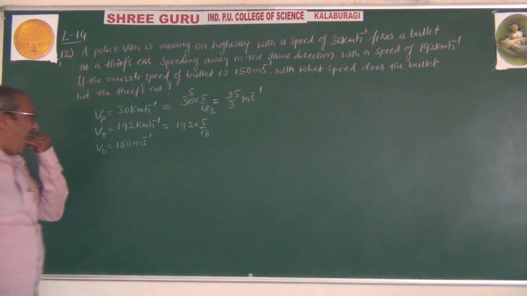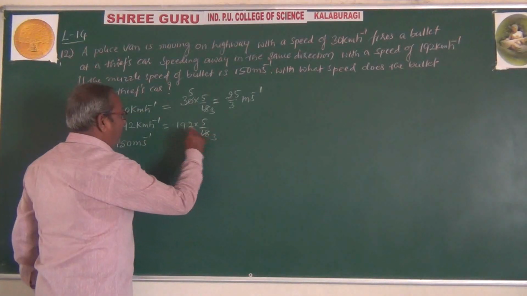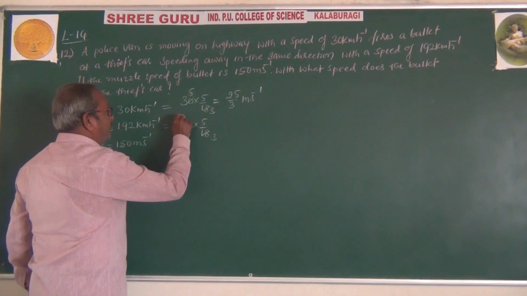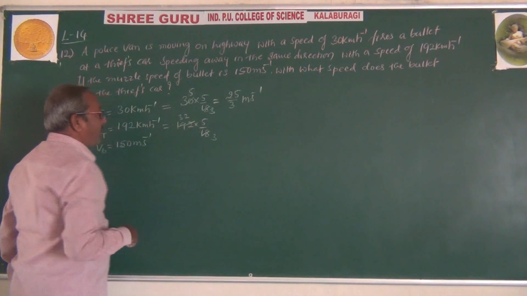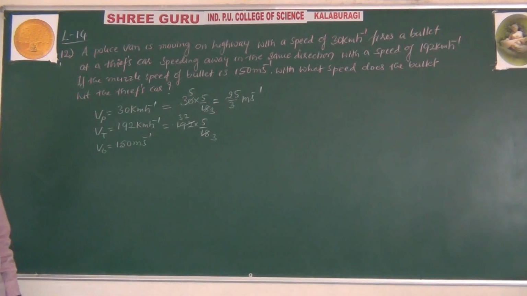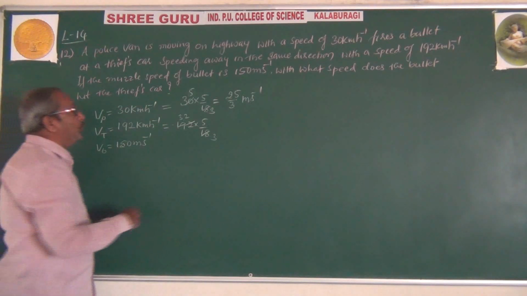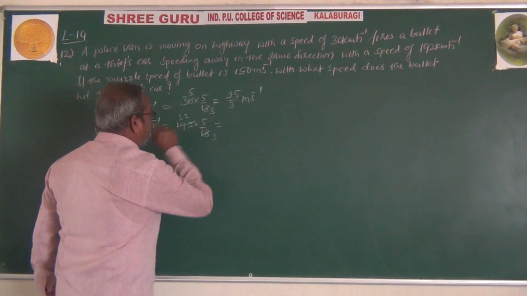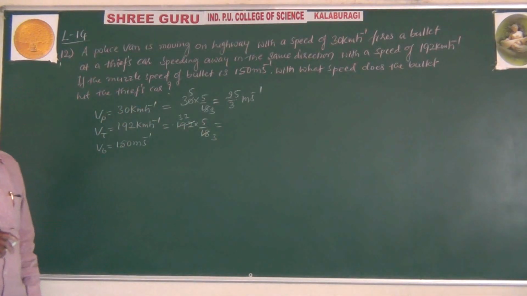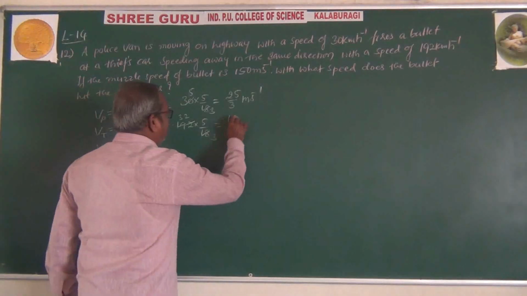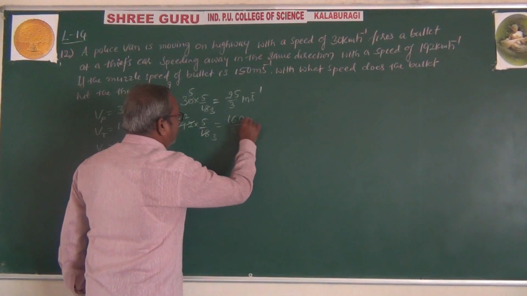Similarly, here 6 3s are 18, 1 remains 12, 6 2s are 12. Now 32 into 5, how much are you getting? 160 divided by 3 meters per second.